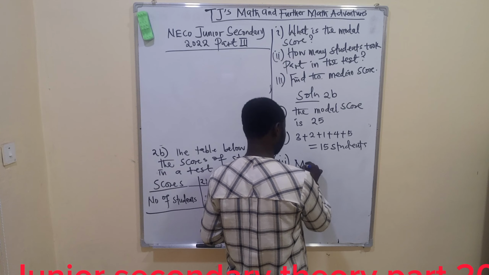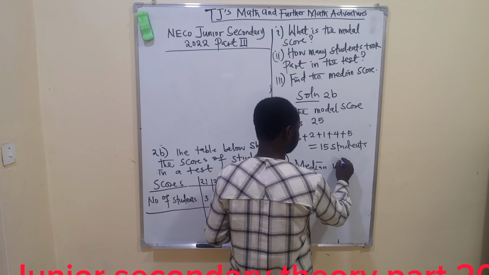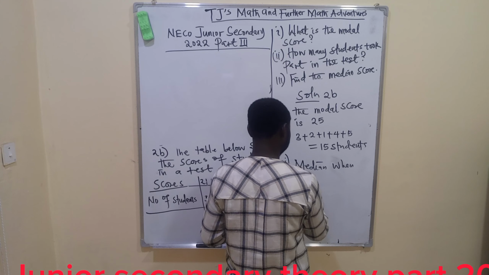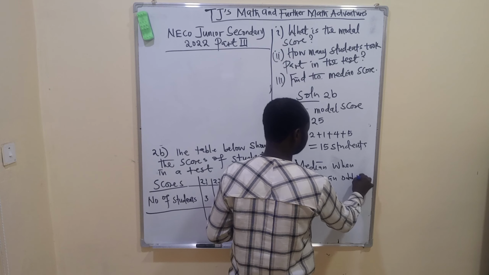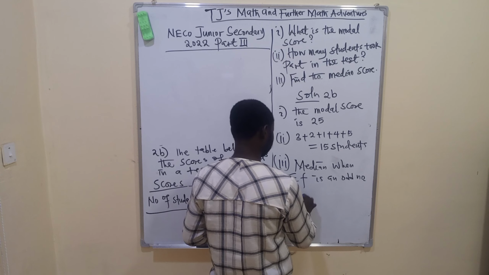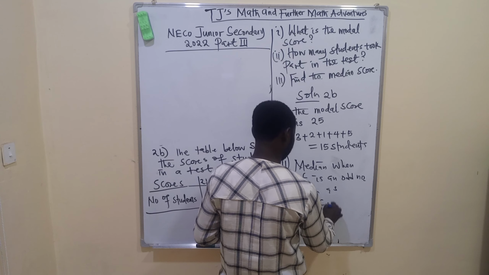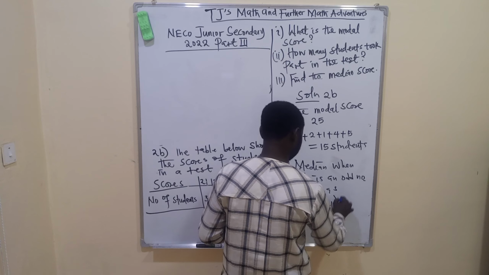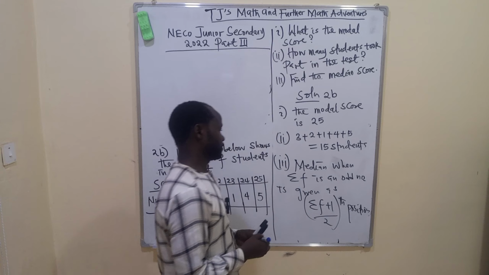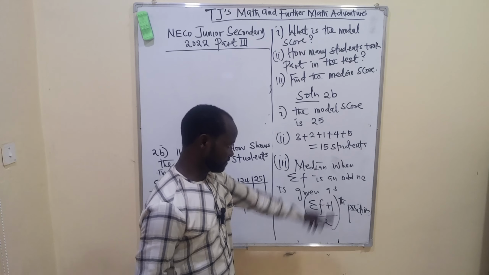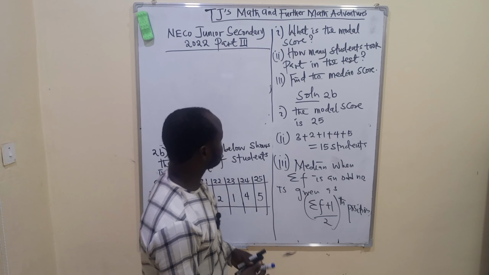The median, when summation f is an odd number, is given by summation f plus 1 divided by 2 position. If it is an even number, it will just be summation f divided by 2.